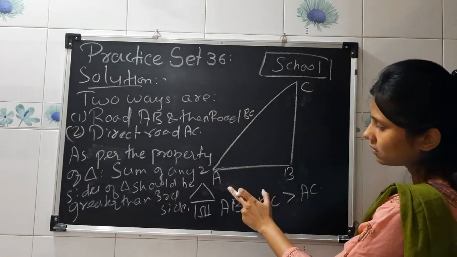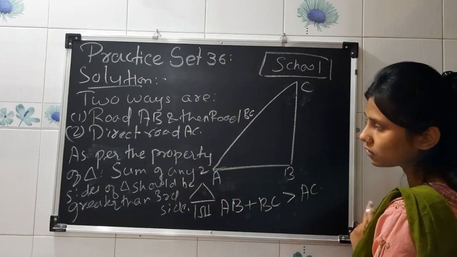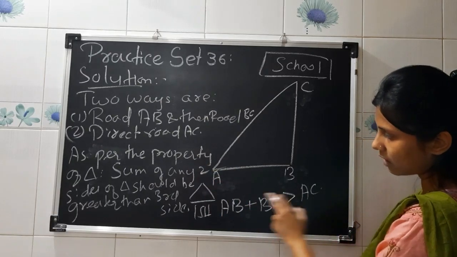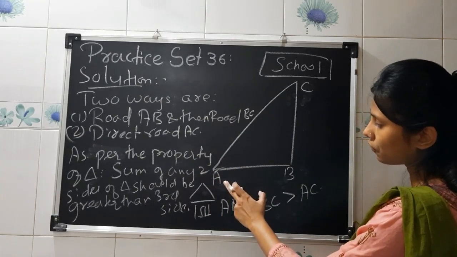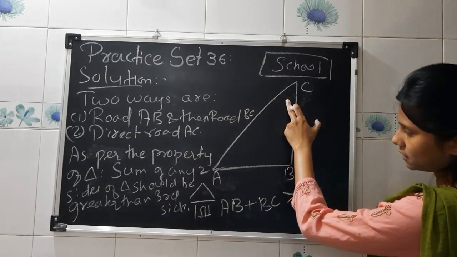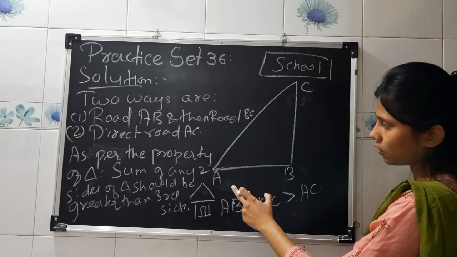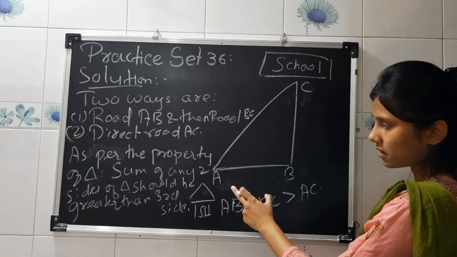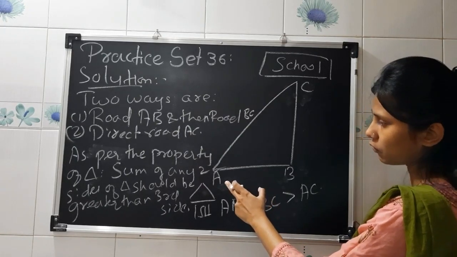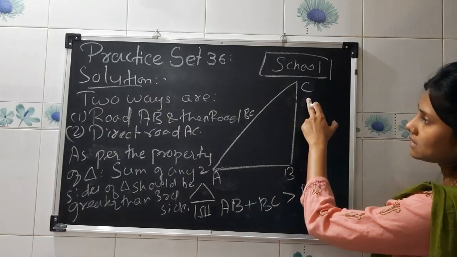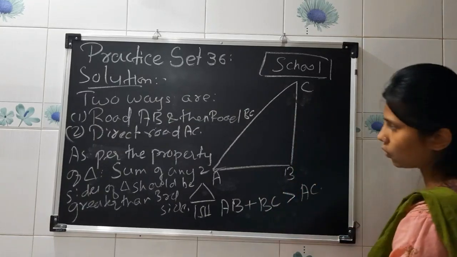So according to this property of the triangle, Avinash should go from the road AC. Okay, here side AC is the shorter road. Okay, understood? Therefore side AC is the shorter road.